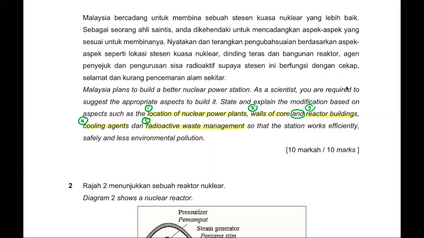So again, for this essay question, please answer in table form. Now I will show you the sample of suggested answers.